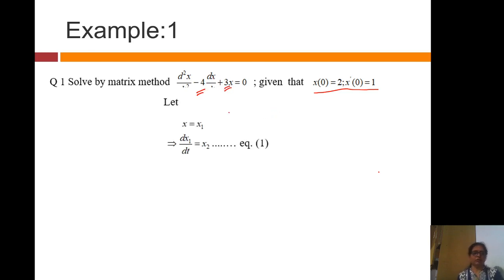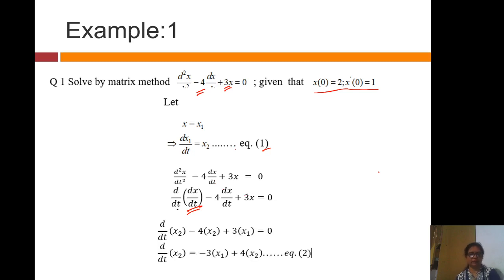Now the first step is x equal to x1 and dx1 by dt equal to x2, which gives equation number 1. Then we write the given equation in this form. Here d2x by dt square we write in the form of d by dt into dx by dt. The second term and third term stay as they are. Now x equal to x1, so we write x1 here.